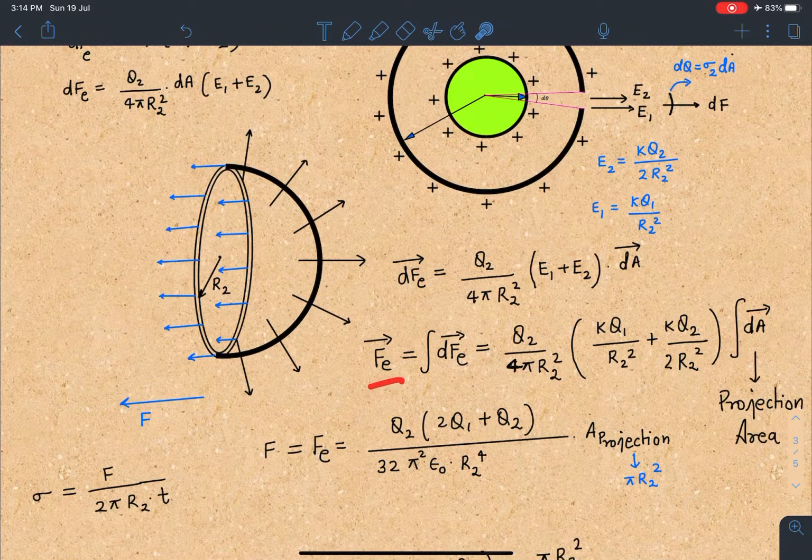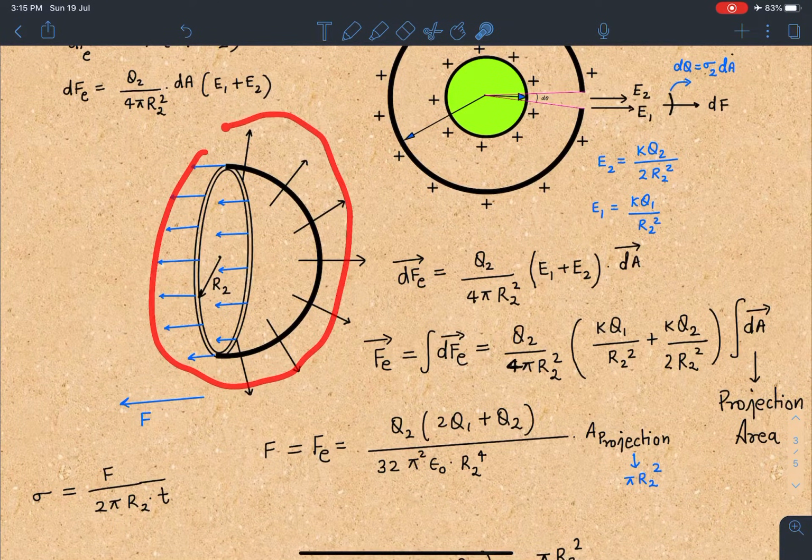So this F electric will become integral dFe, and here I am substituting the value of E1 and E2 also, and it is going to become integral dA vector. So vector summation we have to take here, and in order to simplify this problem, I am taking a hemisphere of the outer shell.